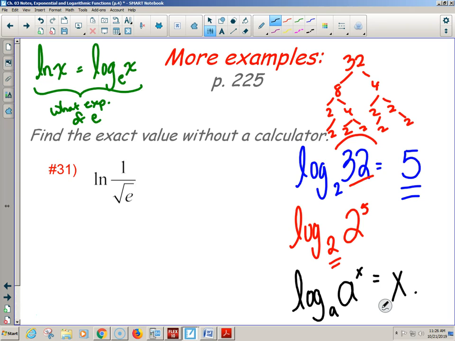So, what can we do over here? Did anybody think of rewriting this, knowing that we were looking for a single exponent of e? Root 2e to the negative, not 1, half. Why half?